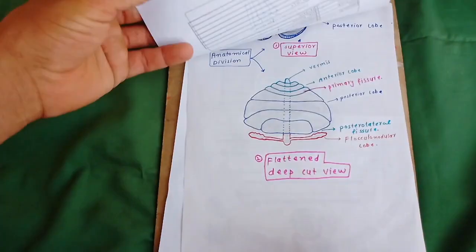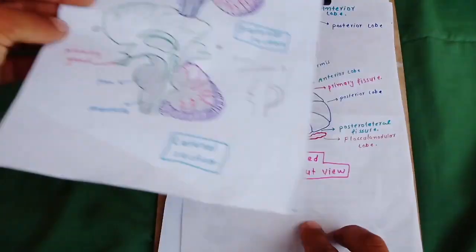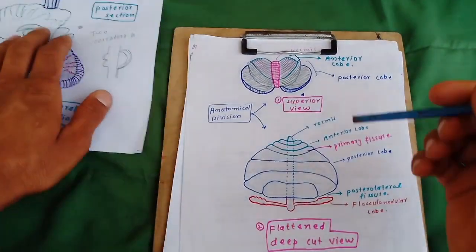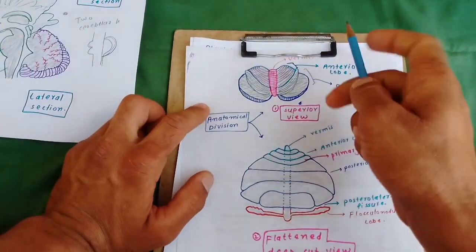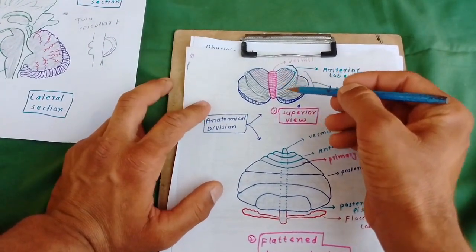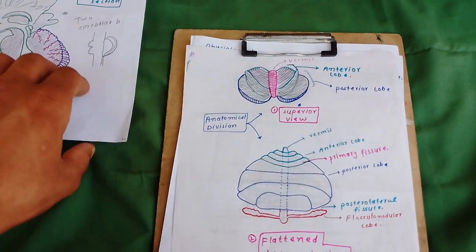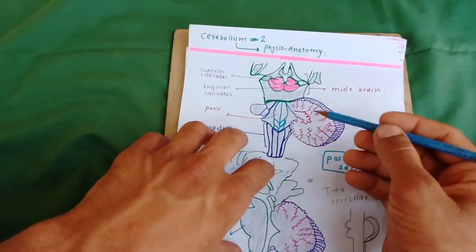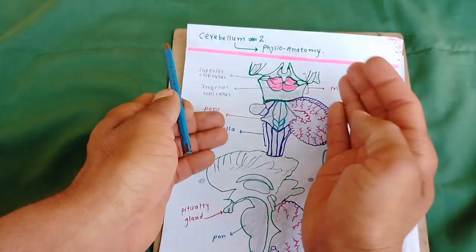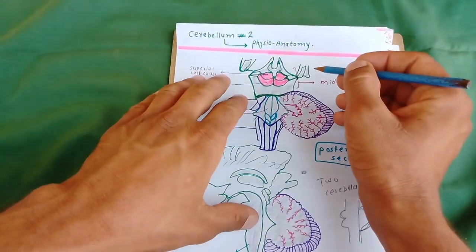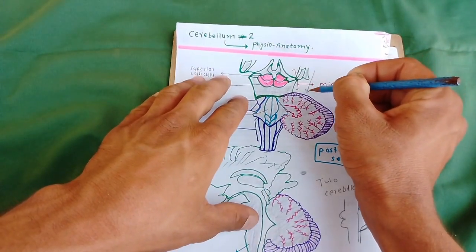Look at this diagram. This is the anterior, this is the superior view. Suppose this is the whole cerebellum, looking from this position.